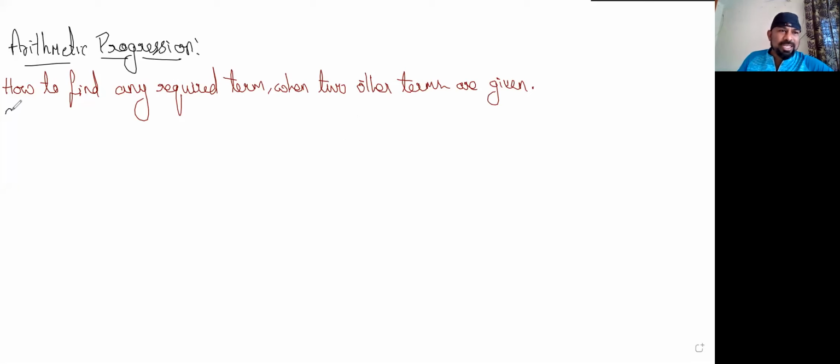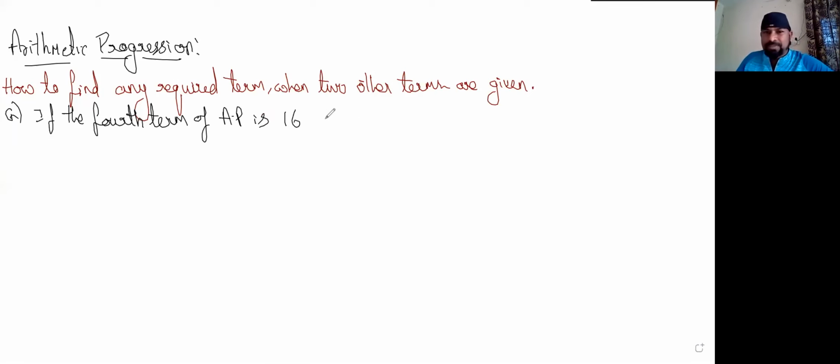If the question is like this: if the fourth term of an AP is 16 and the sixth term is 24, find the ninth term.